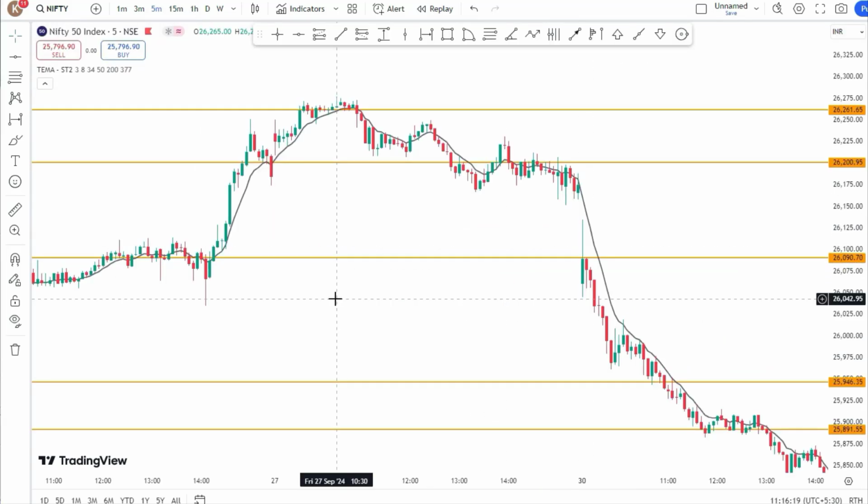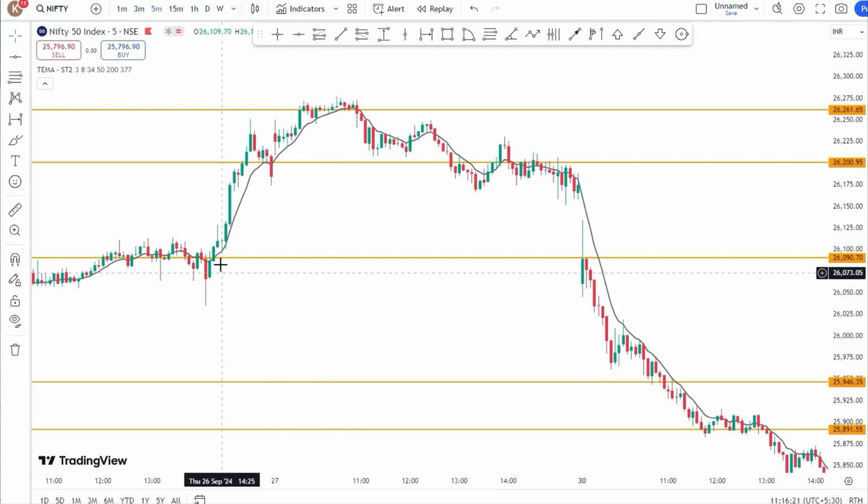So in this case, I can say that wherever the crossovers happen, we can mark these levels, which have very high importance in the future. Because the crossover happened at this level, it has much importance. That's why there is the crossover; otherwise, the price moves sideways or in other directions.